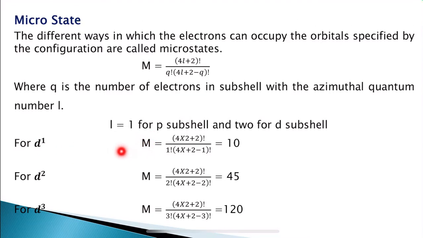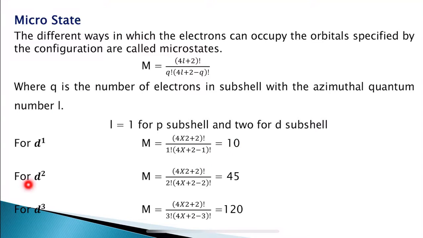For a D1 system, we can write the microstates as m equals (4 into 2 plus 2) factorial divided by 1 factorial into (4 into 2 plus 2 minus 1) factorial, which gives rise to 10.